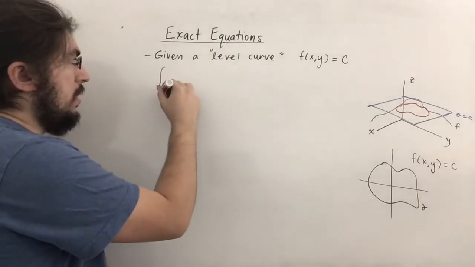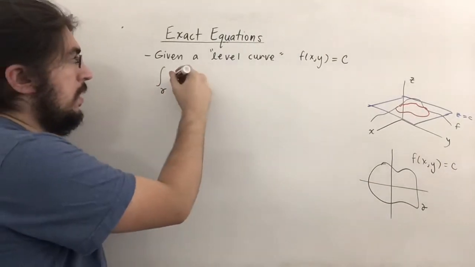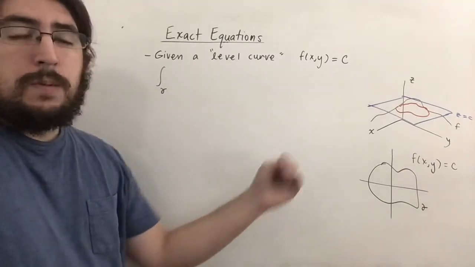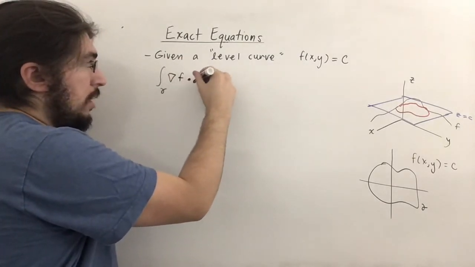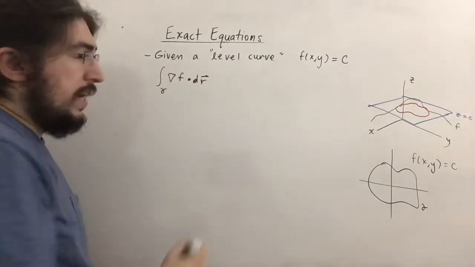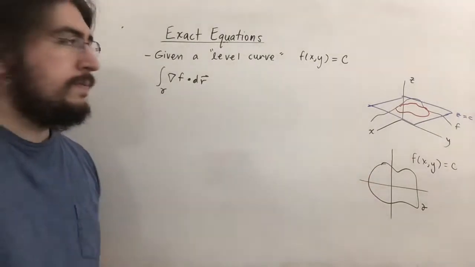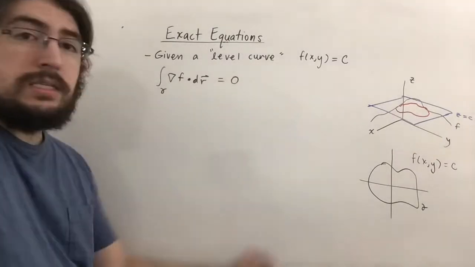If we take a line integral along the curve gamma, specifically not of f(x, y), but of the gradient of f dot dr, where r is the vector that describes the trajectory of the point along gamma, this ends up being 0 because it's a closed loop basically.